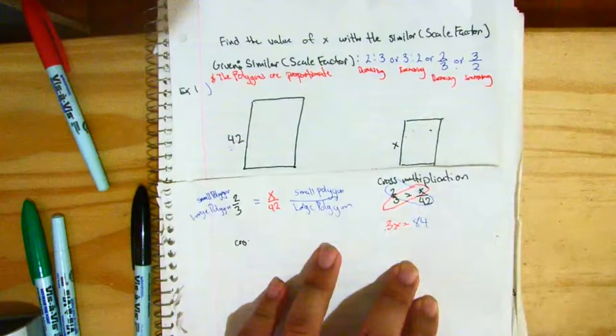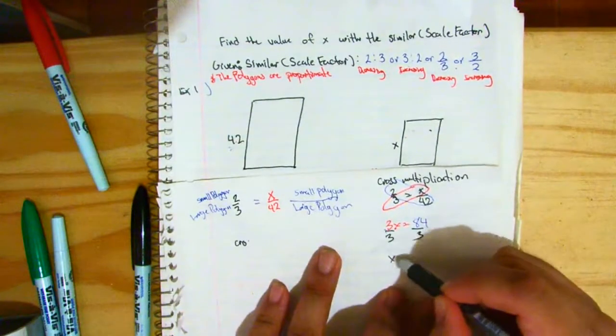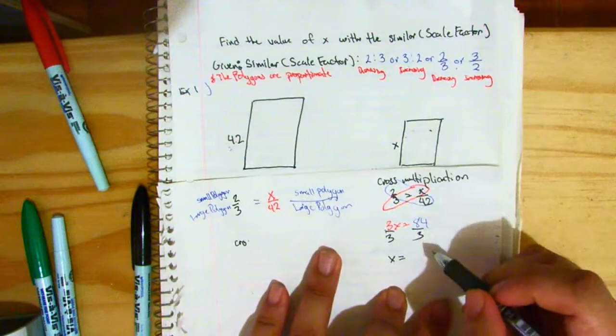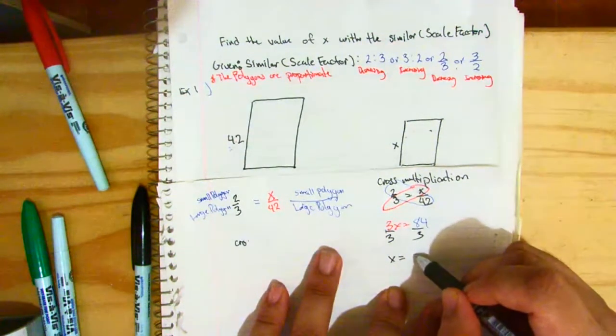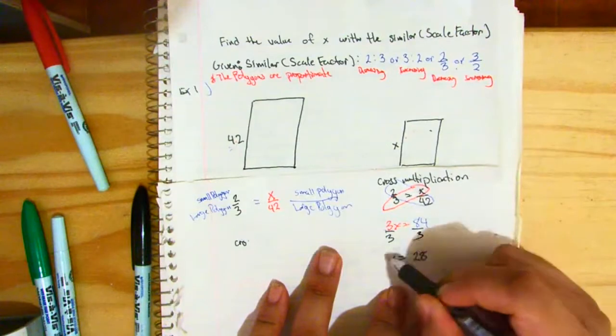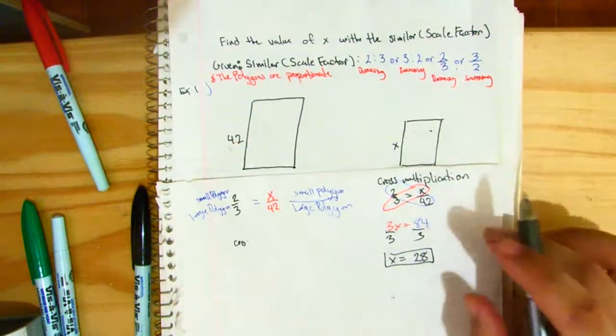You're going to divide by 3, and x will equal, I don't know, what is it, 28? Please confirm that if I'm wrong.